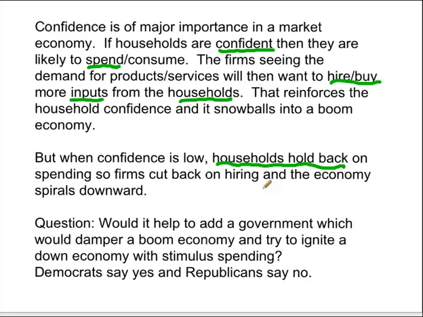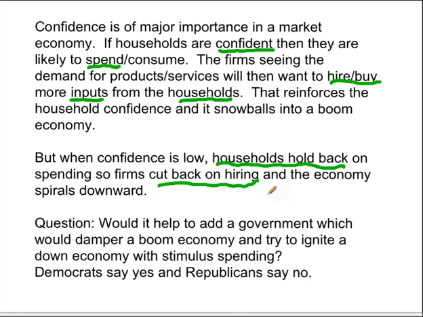And so the other side of it though is that if the Kolbs and if your family aren't spending as much, then the firms receive less income. They're not selling as many products. And so it makes sense that what they would do then is they would cut back on the number of workers. I mean, if I'm not buying cars, then GM is going to lay off workers.